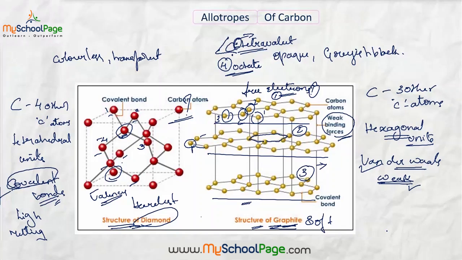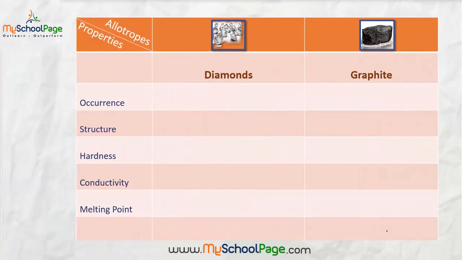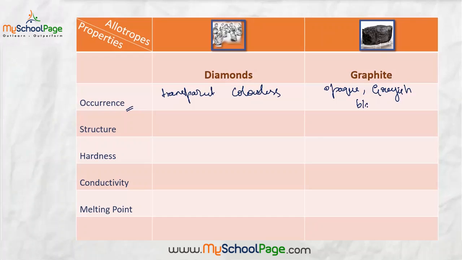Now, let us recall the differences between diamond and graphite. The first, that is the occurrence. We know that diamond occurs as a transparent and colorless solid, whereas graphite is an opaque and grayish black solid.